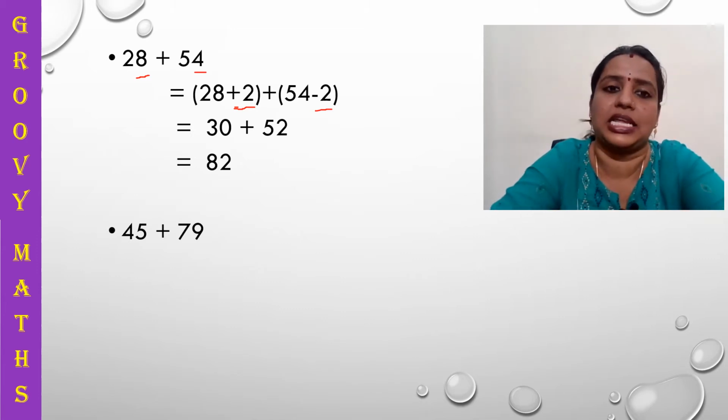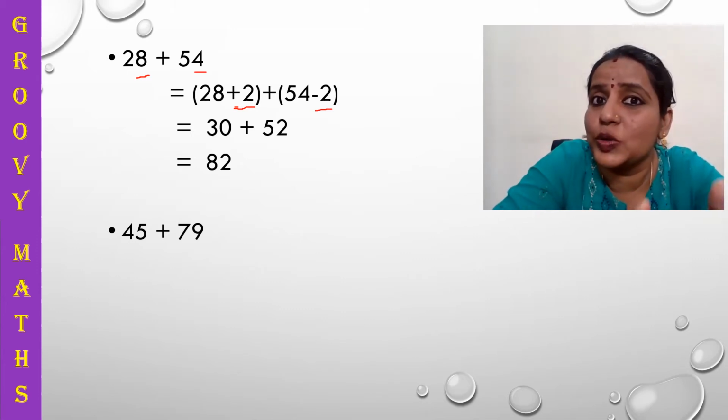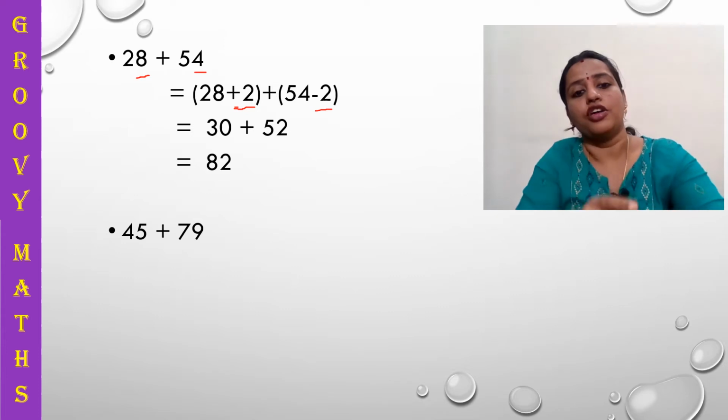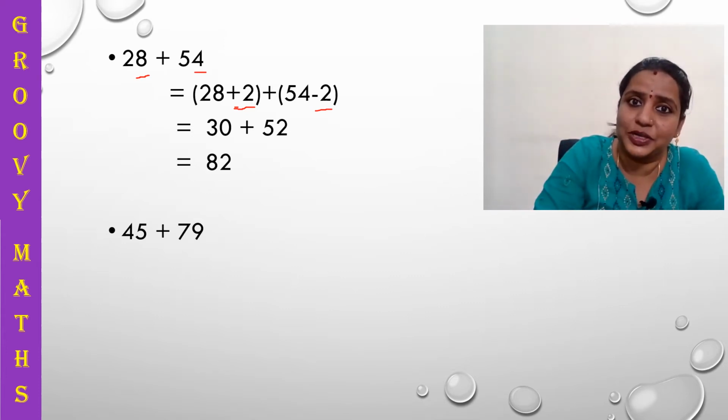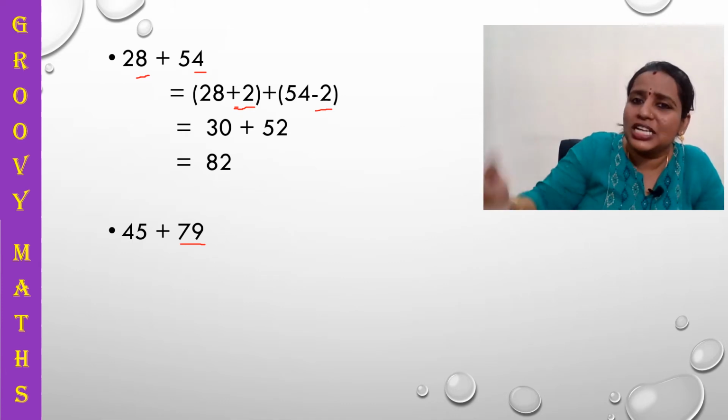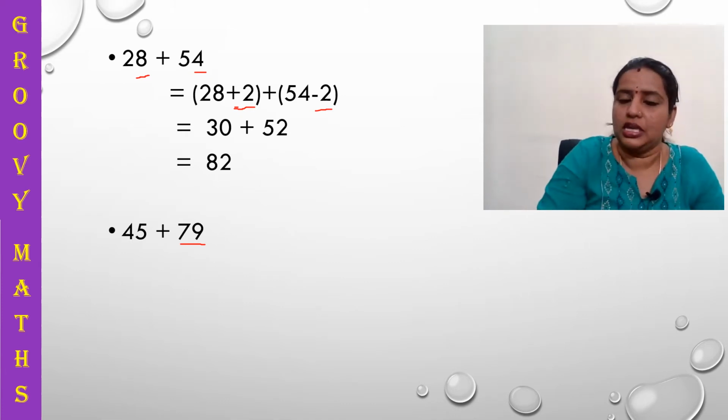45 and 79. Which number is closer to a multiple of 10 here? Is 45 closer, or is 79 closer? 79 is closer to the multiple of 10, isn't it? Yes, 79 is much closer than 45. So I'll consider 79 here.